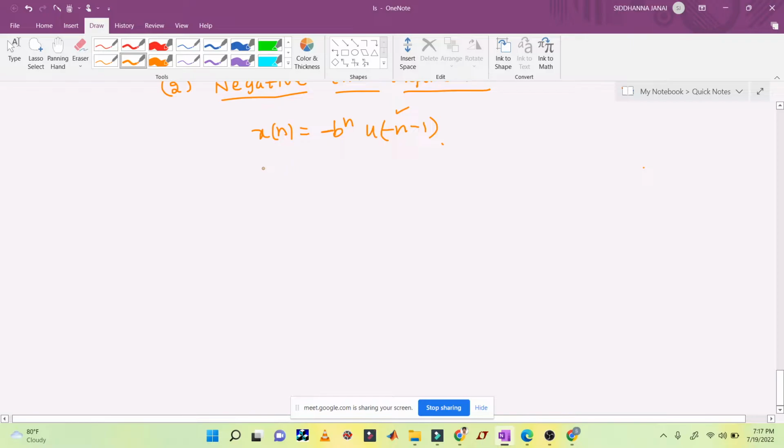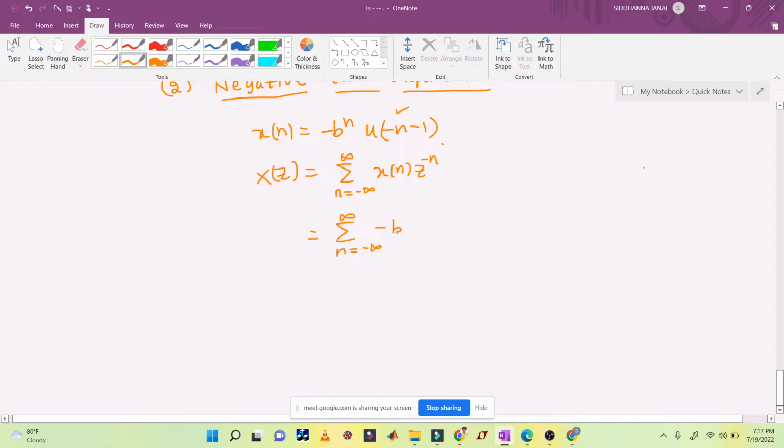So let us write the equation of x of z first. X of z is equal to summation n is equal to minus infinity to plus infinity x of n z to the power minus n. In this we have summation n is equal to minus infinity to plus infinity.